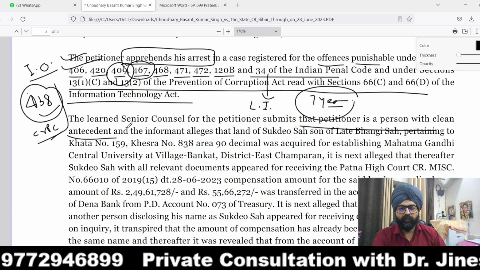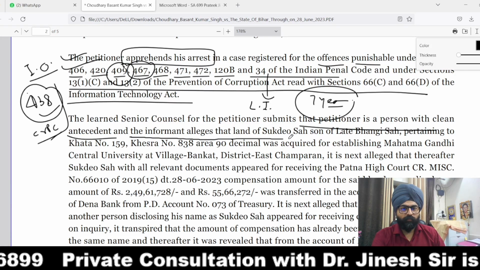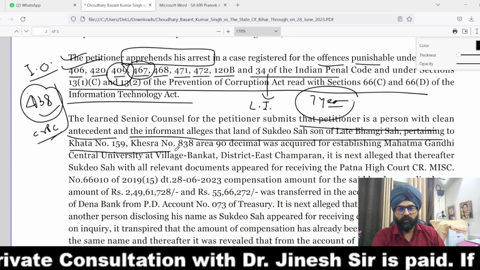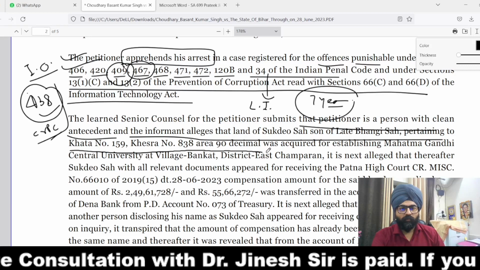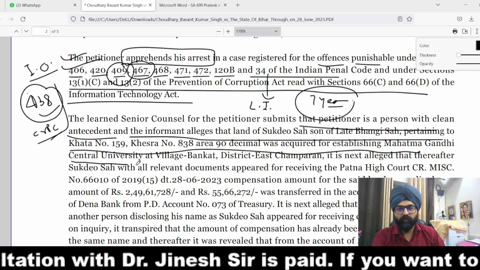As far as the complaint is concerned, the allegation of the informant is that the land of a particular person, pertaining to a khata number and khasra number, was acquired for the establishment of Mahatma Gandhi Central University at the village.